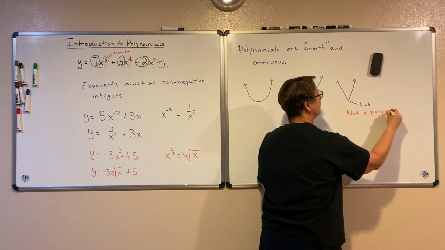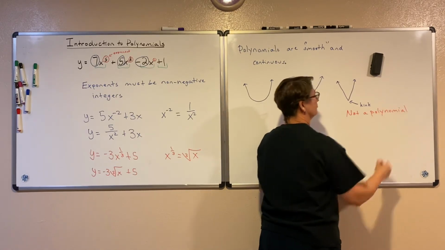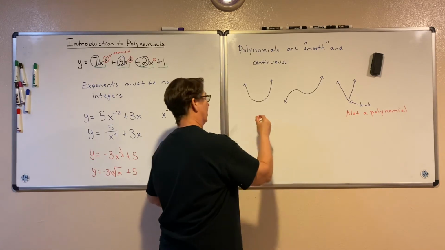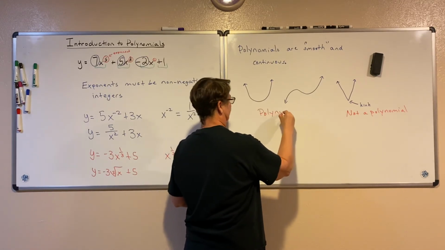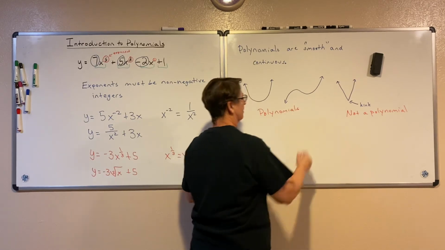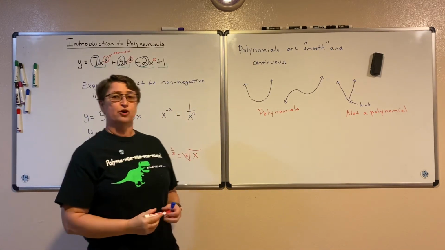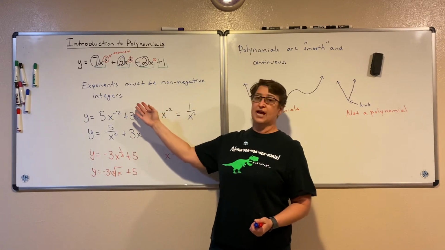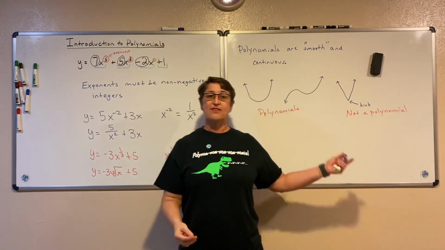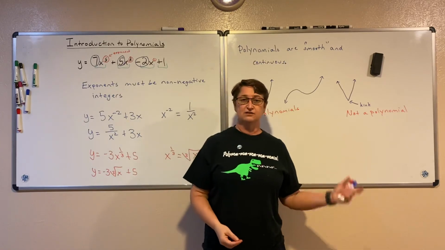And then any that have some sort of discontinuity are not polynomials. So these are polynomials. So that's what makes a polynomial, is they have to have non-negative integer exponents, and they need to be smooth and continuous.